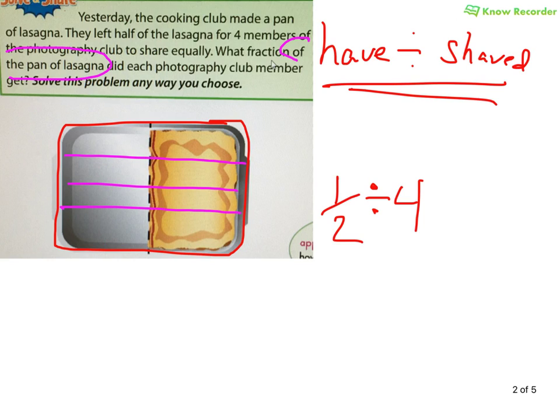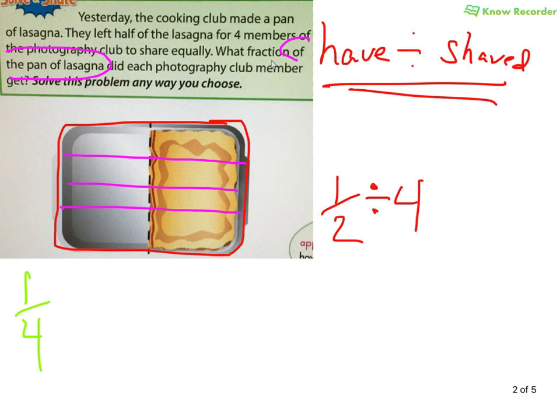So a lot of you wrote right away, oh, it's a quarter, because I got a quarter. Well, yeah, if I was taking it out of the half a pan, if I'm only looking at this as the whole, sure, they got 1 out of 4 pieces. But they said the whole pan, the original pan. That word, original pan or pan of lasagna, that's what matters, because now if I look, I have 8 slices, don't I?